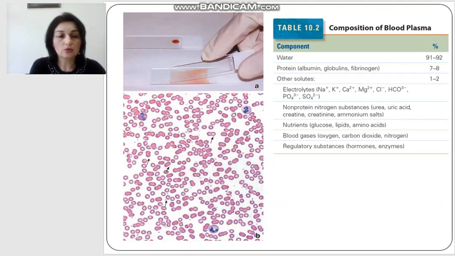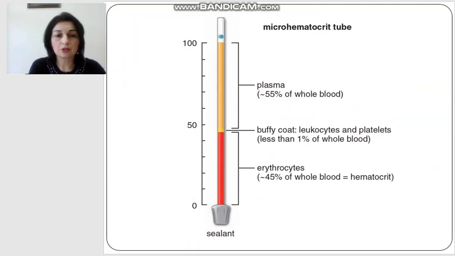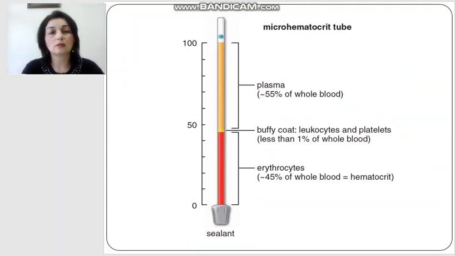How will we study the blood? Pay attention. If we take 100 milliliters of blood and pour it into a heparinized tube, which is covered by heparin, and heparin, you know, is an anticoagulant, then we centrifuge this tube in a specific machine.